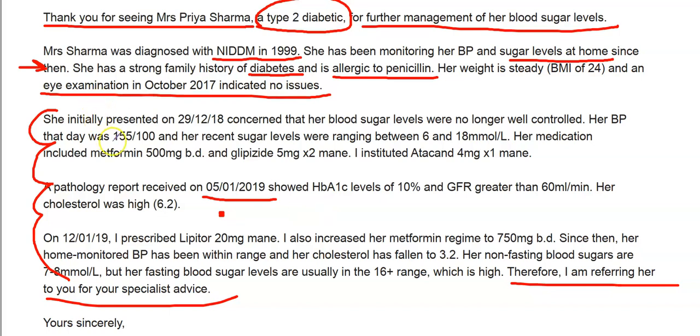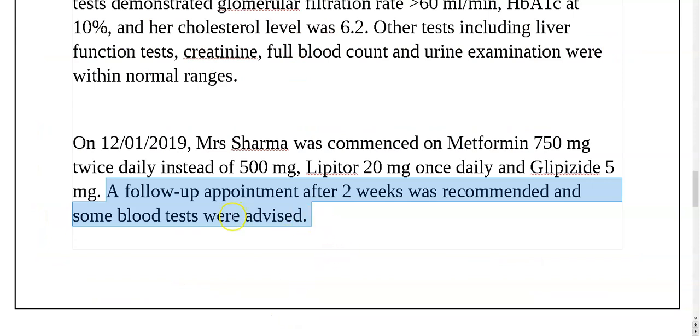You don't have to say I told her to come back in 2 weeks' time and I ordered some tests. That's not concise. All you need to do is say she came back and her results at that time showed blah blah blah. You don't have to say I told her to come back and I ordered some blood tests. Some blood tests were advised.